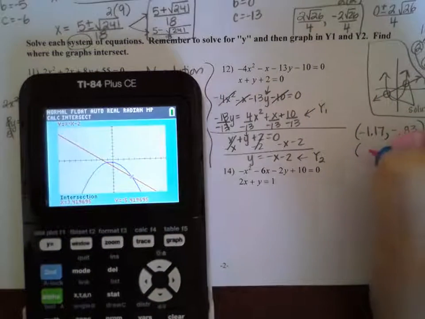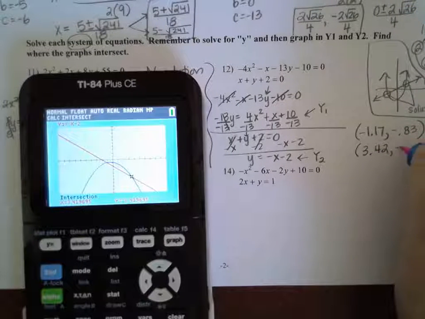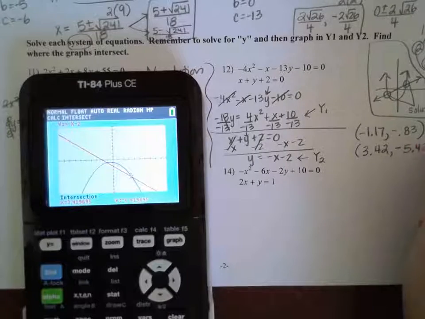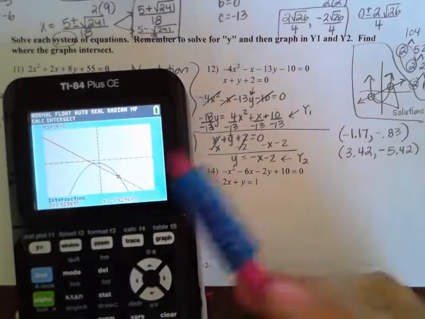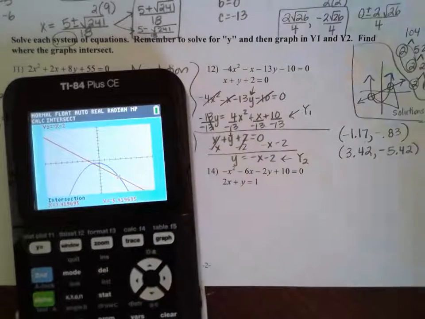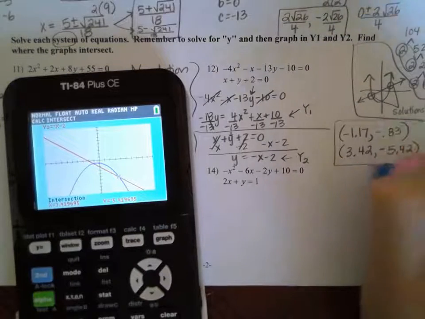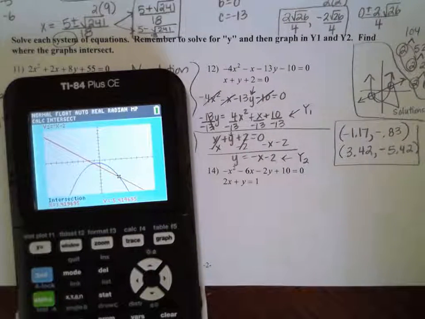So you write it as a point, 3.42, comma, negative 5.42. These coordinates are the coordinates of that spot where the graphs intersect, and that's one of the solutions. And so that's it. We only had 2 solutions, so you're on to number 13.